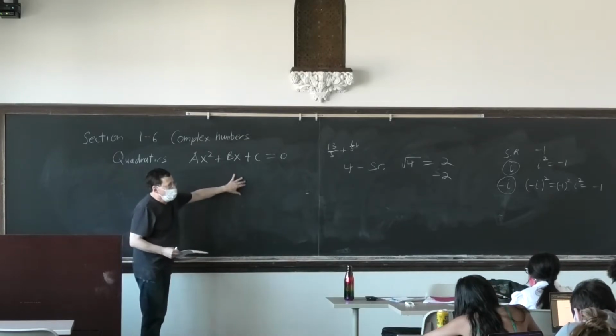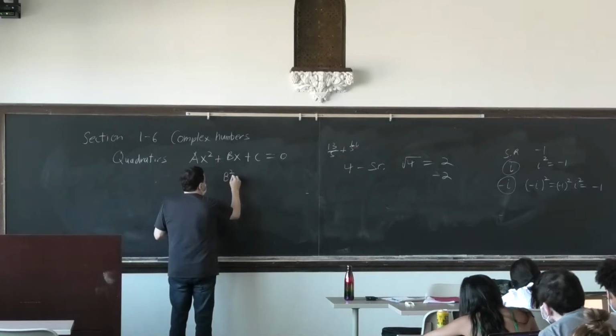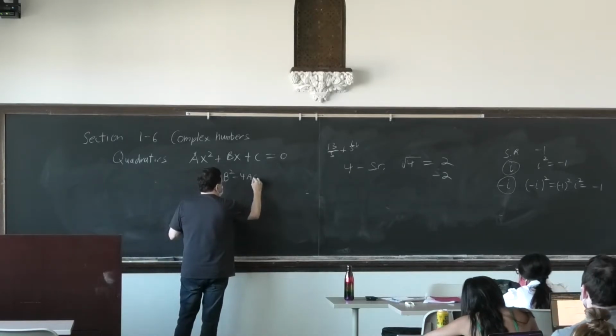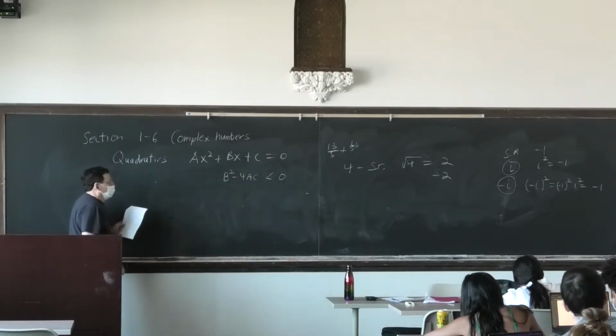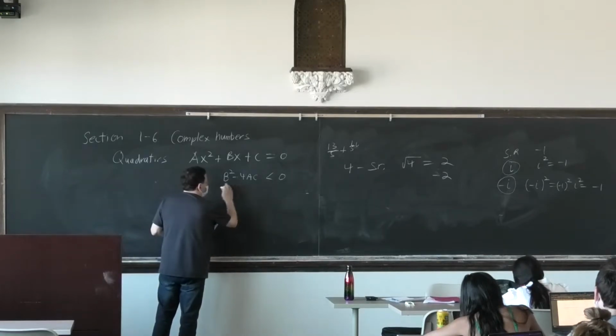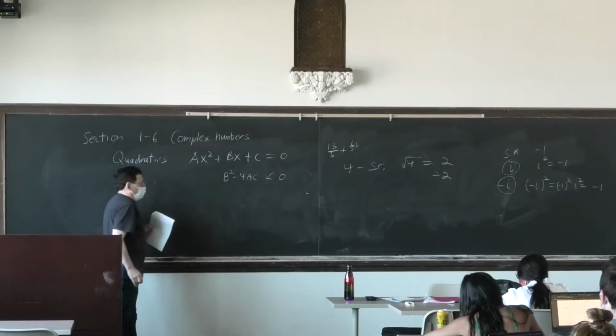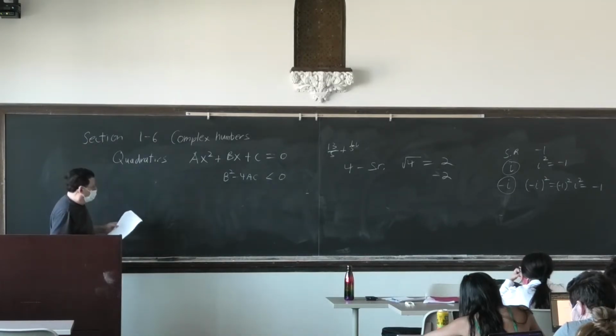We know that occasionally the discriminant, b squared minus 4ac, is less than 0. Since in the quadratic formula we have the square root of the discriminant, you're going to get an imaginary number, which means your roots could be complex.